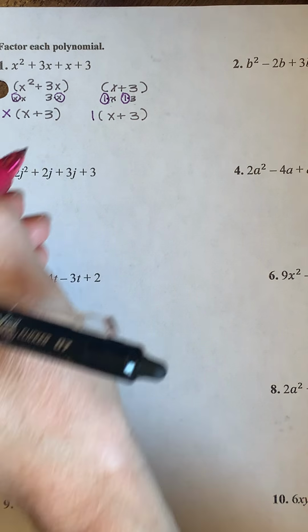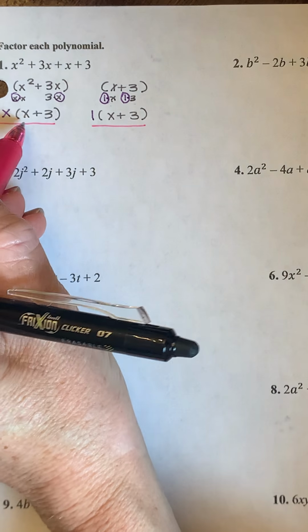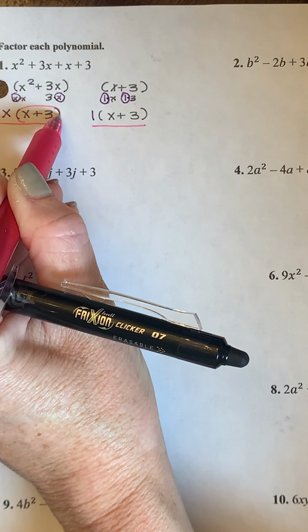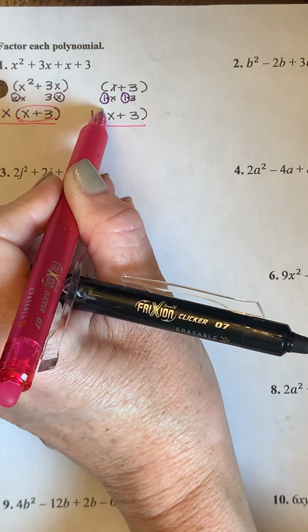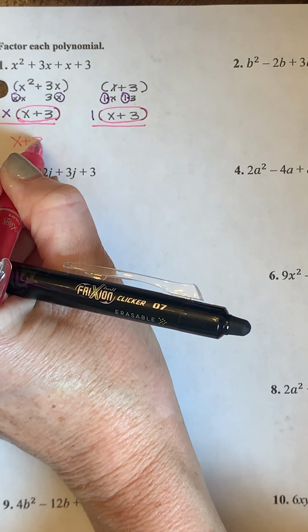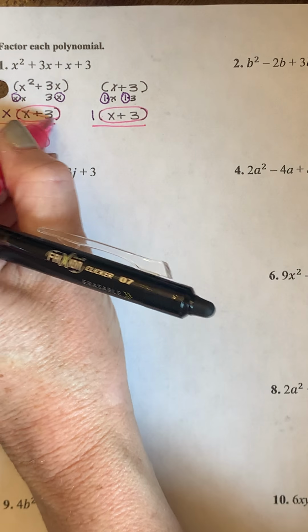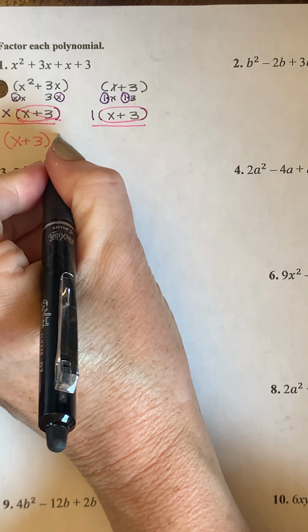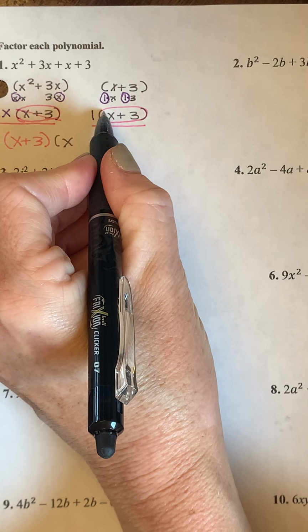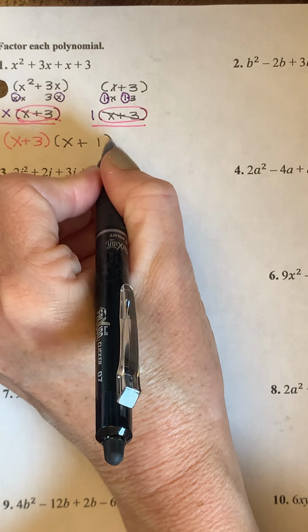Now when you get to this point, you look here and here, the binomial should be the same. They both have a binomial of x plus 3, so I'm going to factor out the binomial x plus 3. And when I factor it out of here, what's left is an x. And when I factor it out of the second group, what's left is the understood 1.